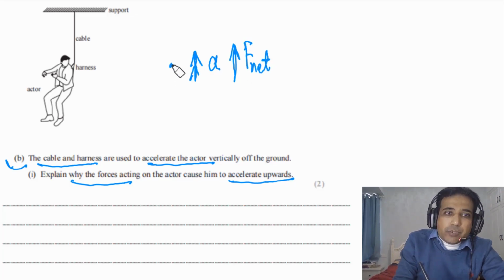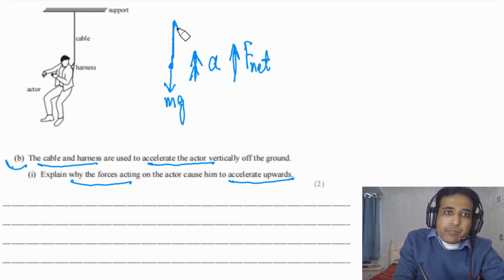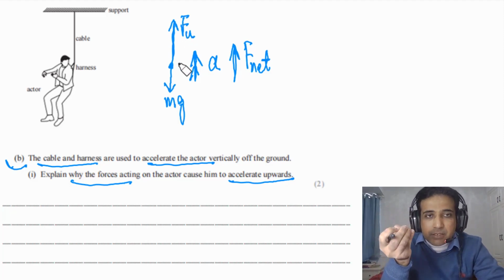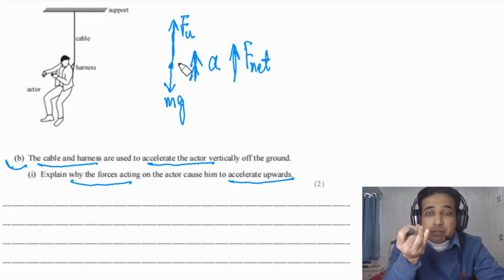Now if you look at the forces acting on the actor along the vertical direction, one force is the weight of the actor acting downwards, that is mg, and there must be another force, the pulling force, and the pulling force has to be greater than the weight. So the actor is accelerating vertically upwards, which means there is a resultant force acting on the actor along the vertical.